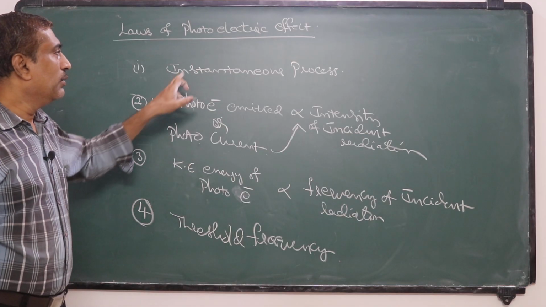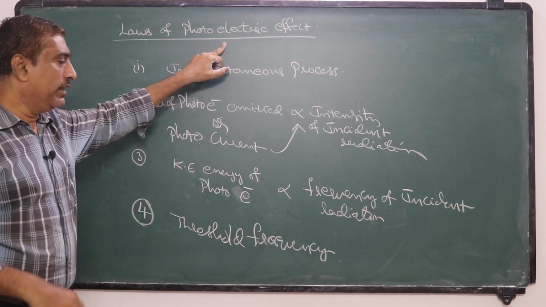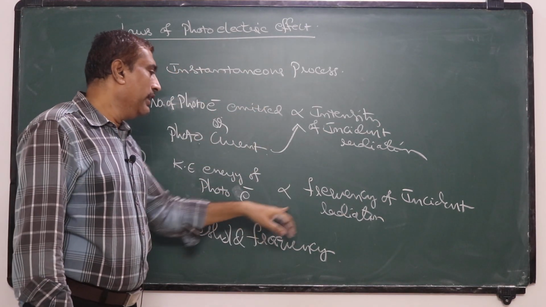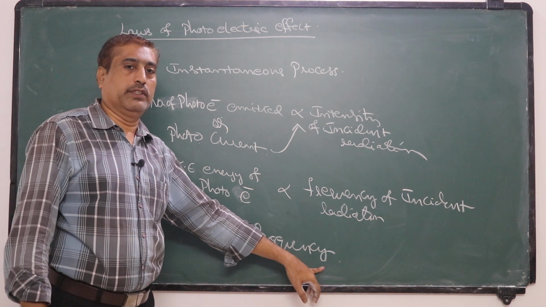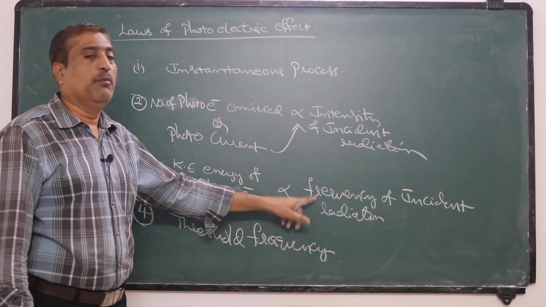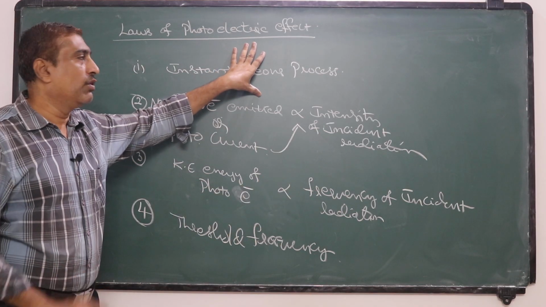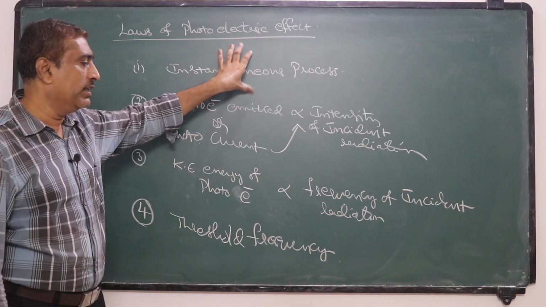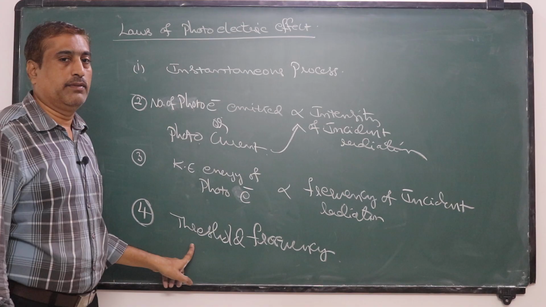That means the photoelectric effect takes place only if the frequency of the incident radiation is greater than or equal to the threshold frequency. So there is a minimum frequency for the incident radiation below which the photoelectric effect ceases.